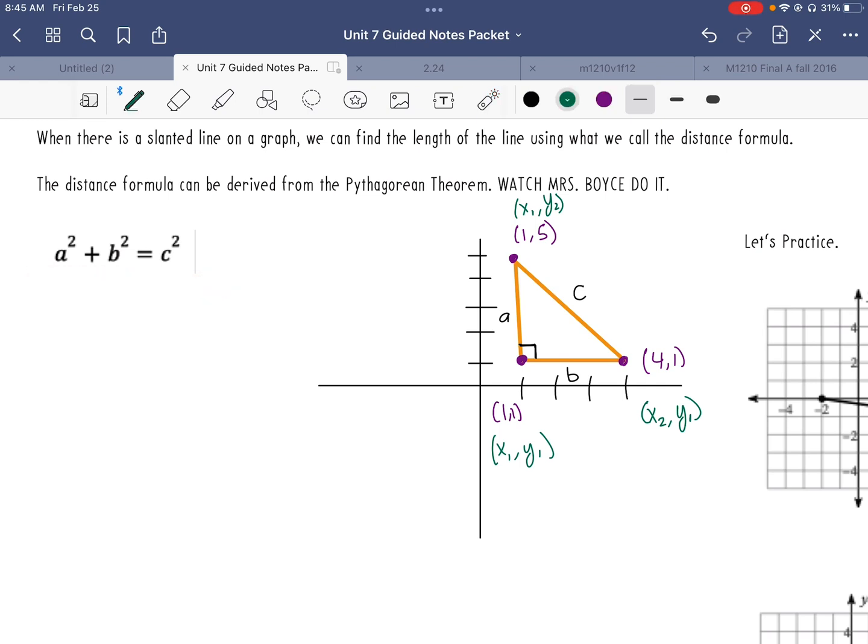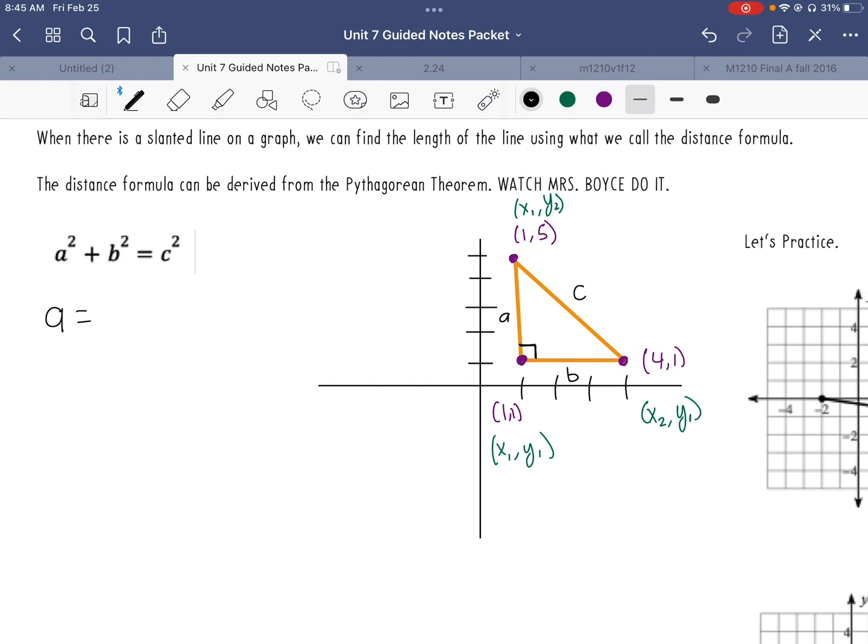The first thing I'm going to do is talk about the length of A. The side length A is this one right here. We could pretty easily just count it, right? It's 1, 2, 3, 4 long. But let's say we didn't actually know what points these were sitting on.